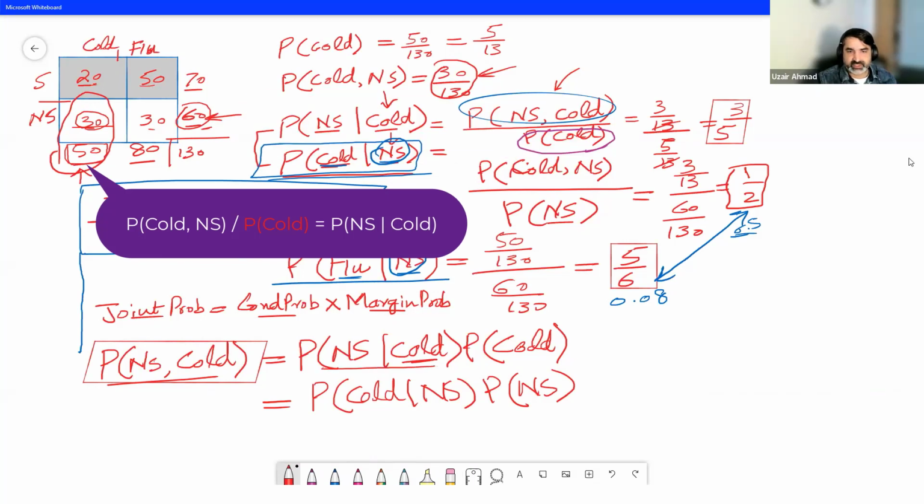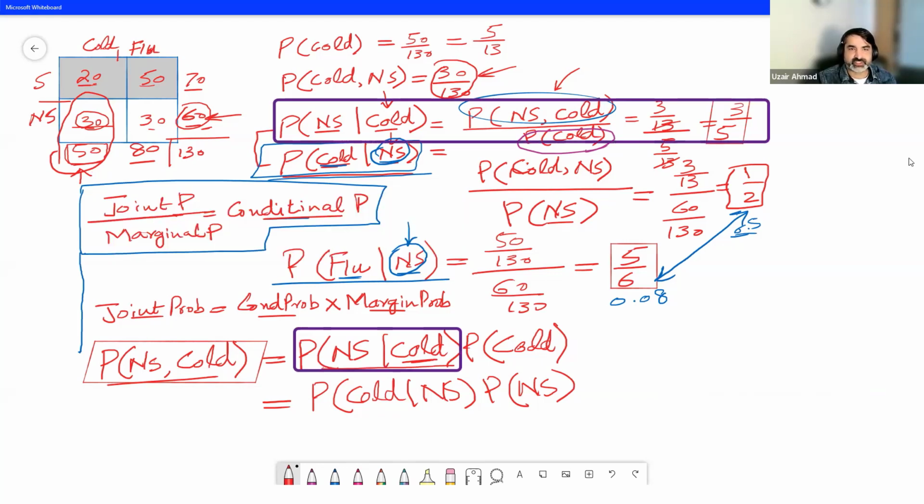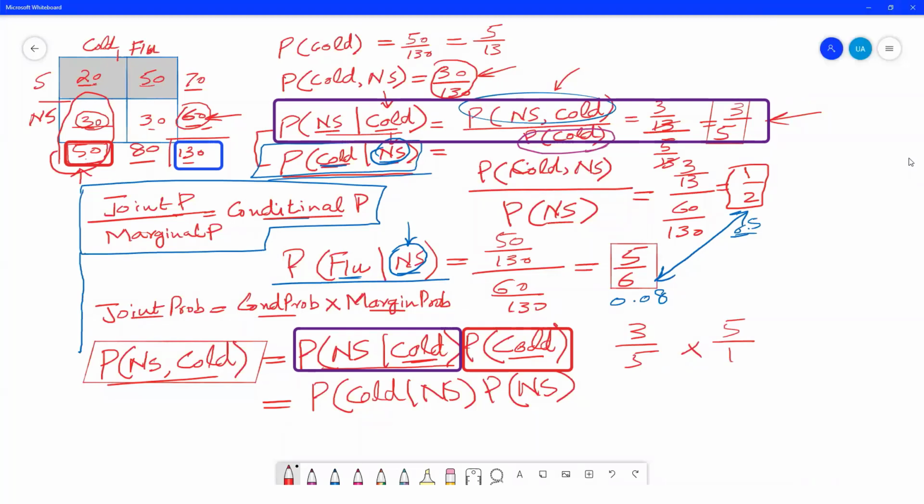So this conditional, not sneezing given cold, we figured it out here. Not sneezing given cold is here, which is 3 by 5, right? 3 by 5 multiplied by probability of cold, which is 5 by 13. So 3 by 13. Now, these 2 numbers we figured out.